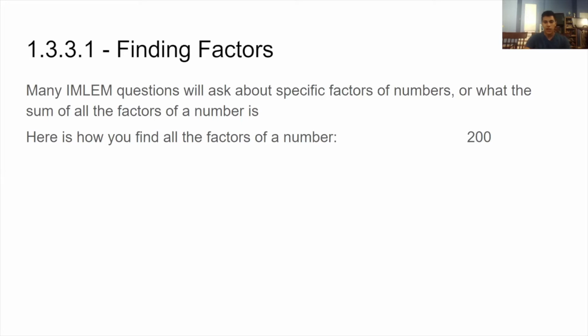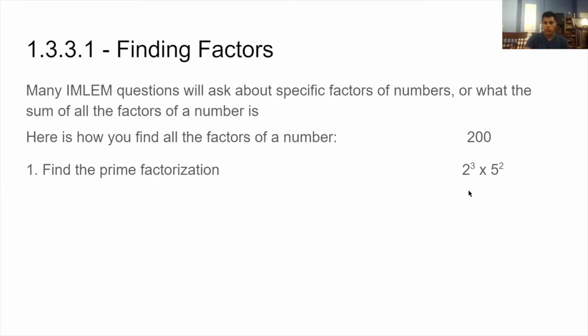Well, I guess you could find all the other factors by just listing all the numbers below that number and counting, but this makes it more efficient. So first, you find the prime factorization of your number. My prime factorization of 200 is 2 to the power of 3 times 5 to the power of 2. And in order to find all the factors, you need to use this prime factorization and a little bit of multiplication to get those numbers.